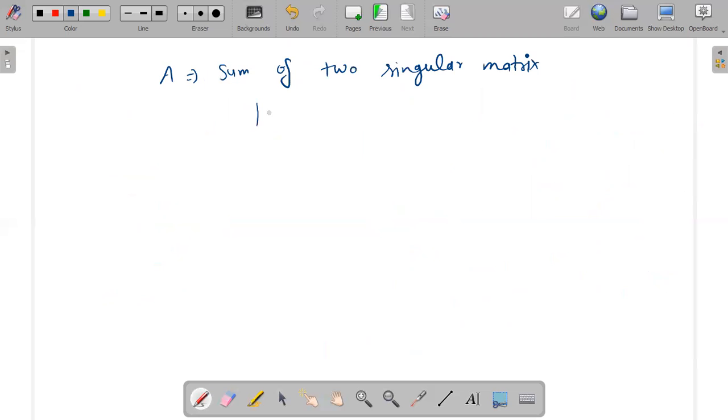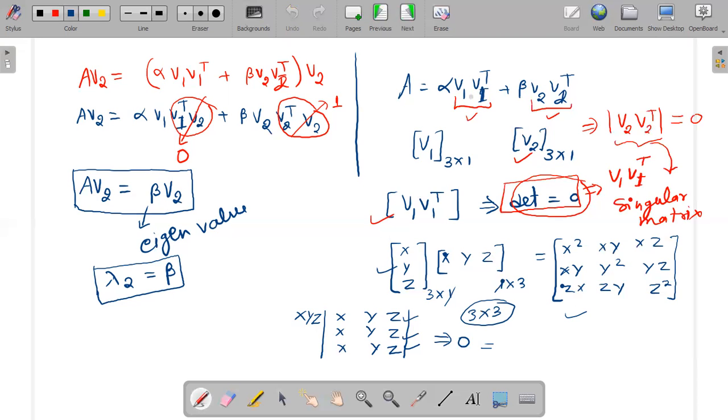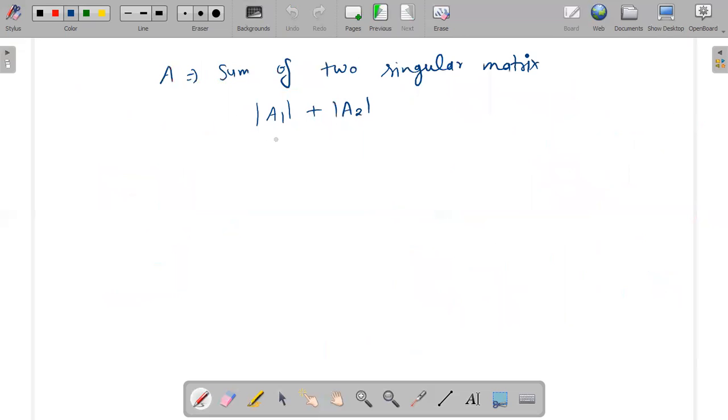Let us say some A1 plus some matrix A2, where A1 and A2 are nothing but these values: alpha v1 v1 transpose, where alpha is simply a constant, and beta v2 v2 transpose, where beta is also simply a constant, right? So from here, we can say that the determinant of A1 is 0 and the determinant of A2 is also 0, because they are singular matrices.